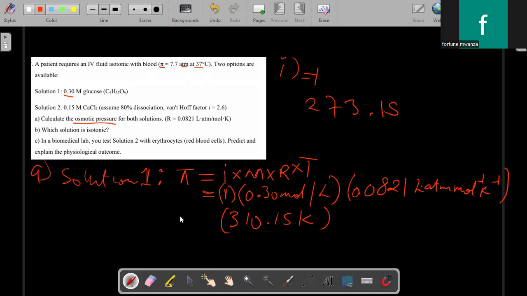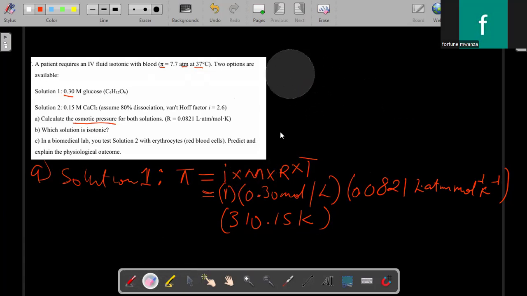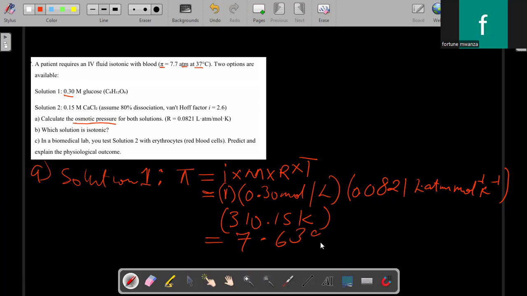Now I can calculate my osmotic pressure for solution 1. I get my 1, multiply by 0.30, then multiply by 0.0821, then multiply by 310.15. I'm going to get 7.639 atmospheres.